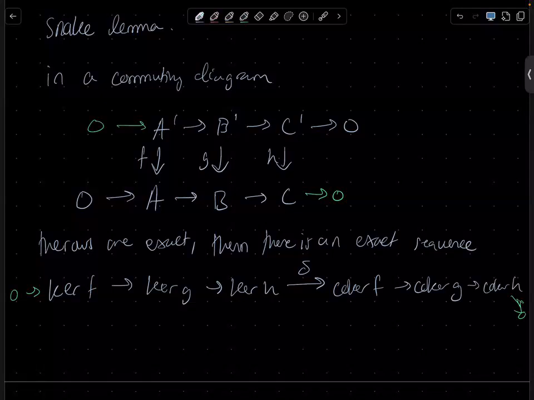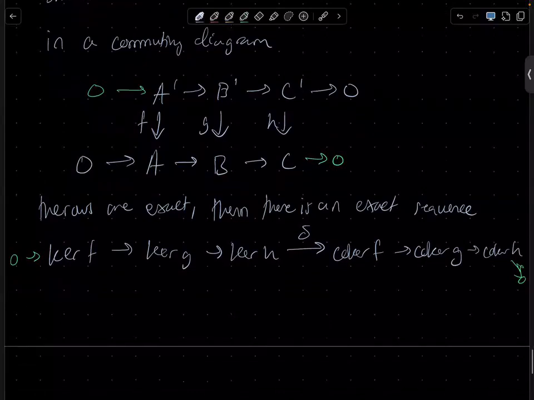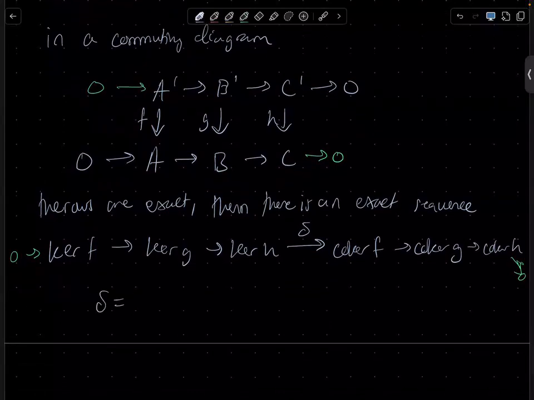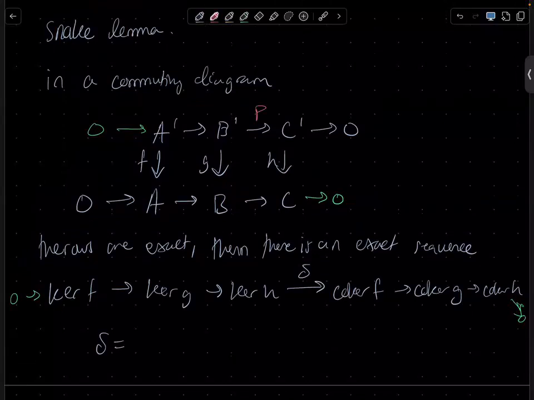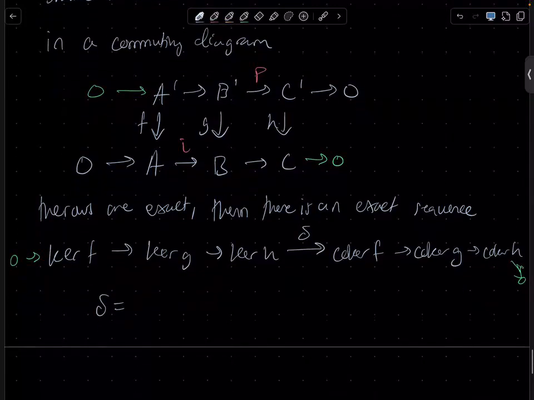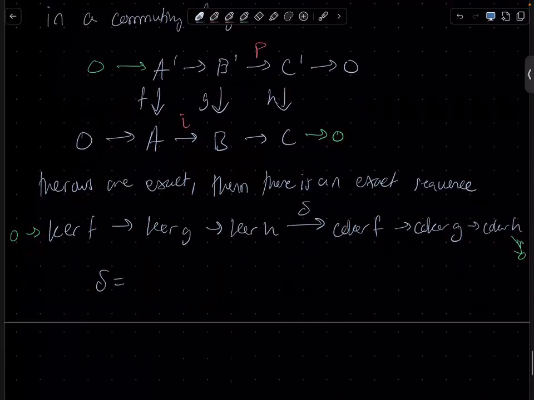What is this delta map? This delta map is really weird. This delta map is defined by, okay, if I write, say, P and I here, I say P and I because I've assumed the rows are exact, right? So P is suggestive for projection, I is suggestive for inclusion. This delta is going to be, I start with the right inverse of P. Okay, well, really, I start with including the kernel of H into C prime.